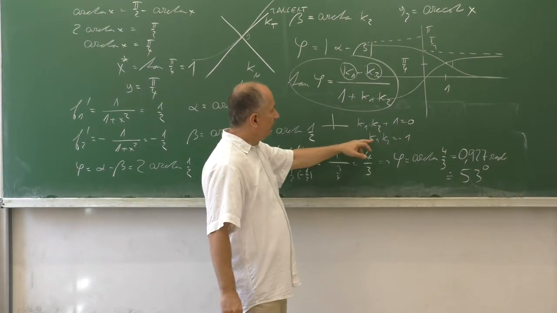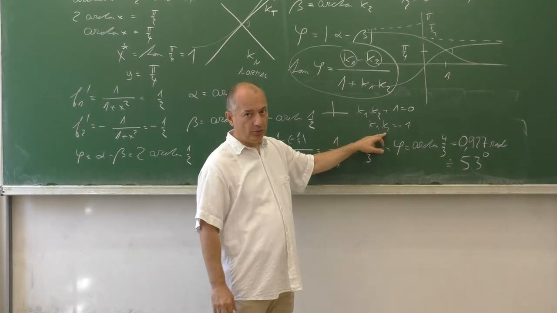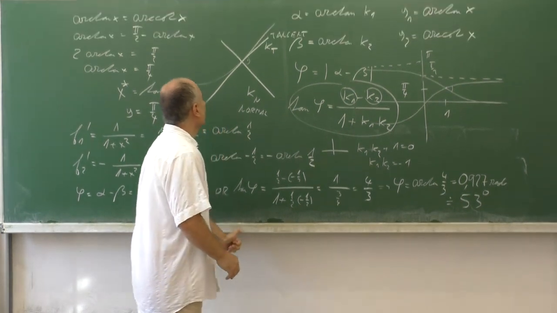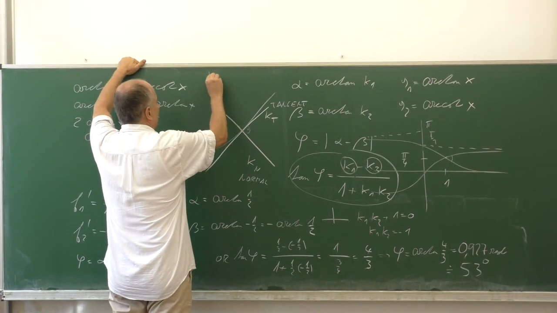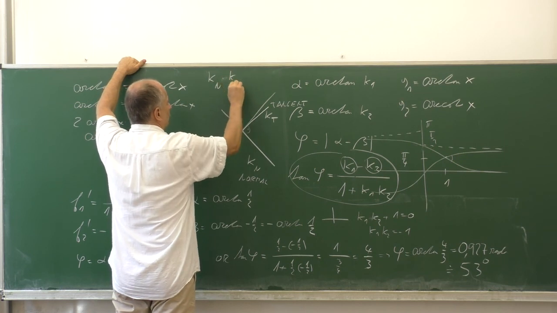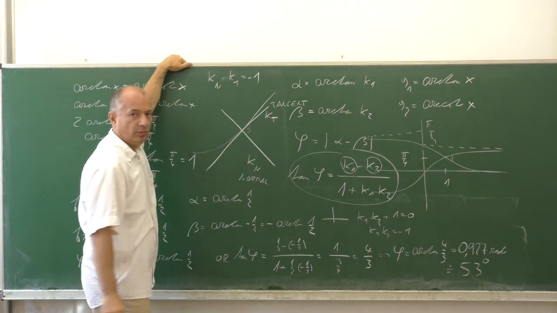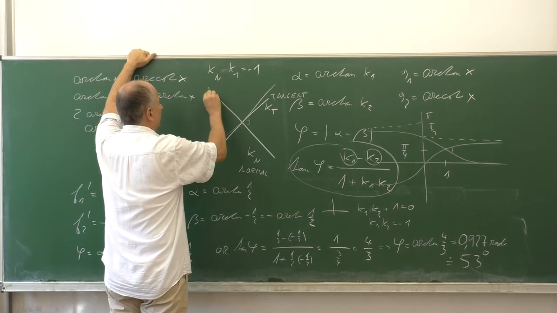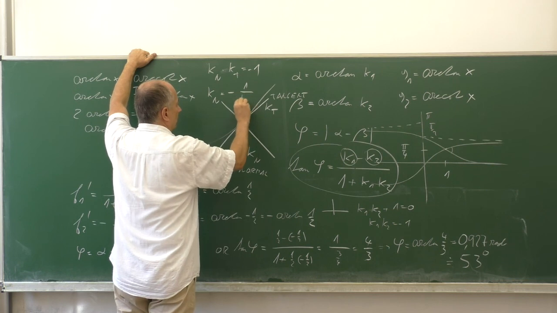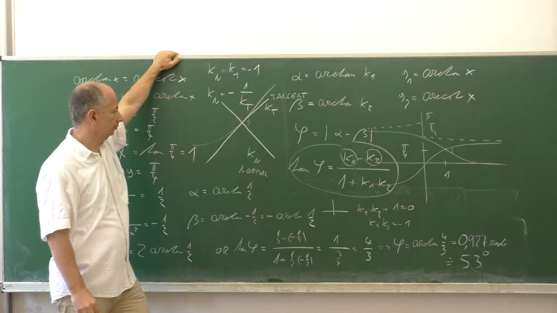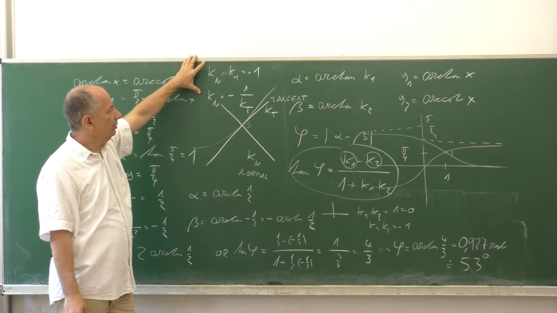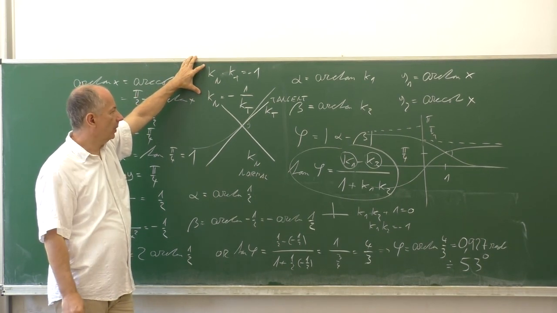So if the product of the slopes of the tangent and normal is minus 1, we can write it as k normal times k tangent equals minus 1. So once again, the slopes must have a product of minus 1. That means we can find the slope of the normal as minus 1 over the slope of the tangent. Well, this is in good agreement with common sense.